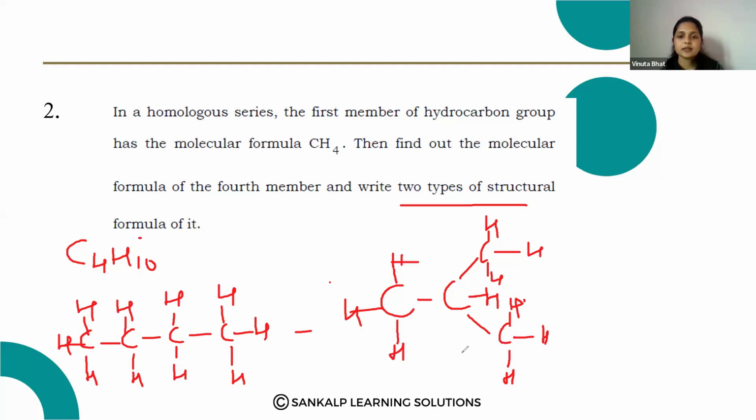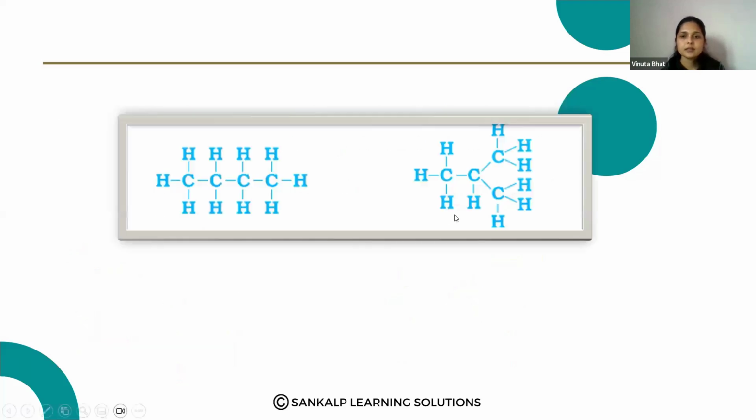So this is another type of the structural formula of butane. I will show you once again. So this is C4H10 and this one also. Please practice this C4H10.